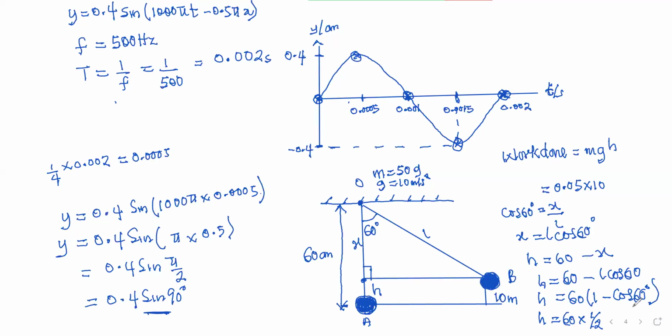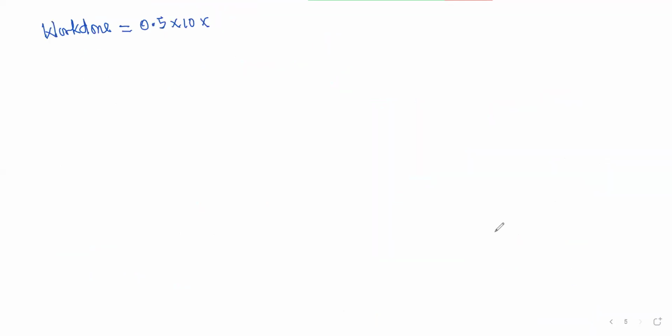Therefore, the work done is equal to the mass 0.5 times g times the vertical height, which is 30 centimeter. 30 centimeter changed to meter would be 0.3.